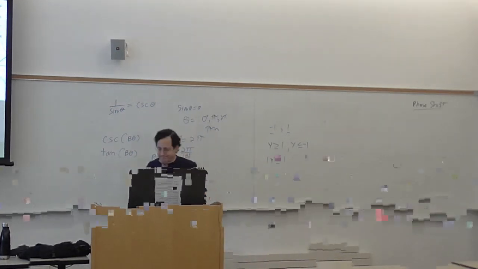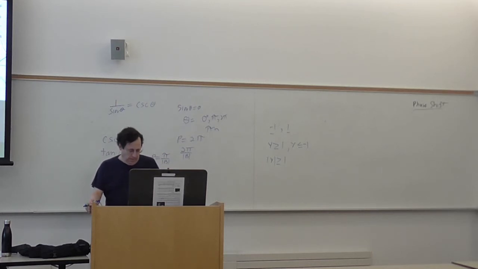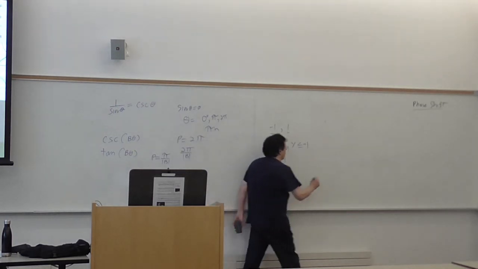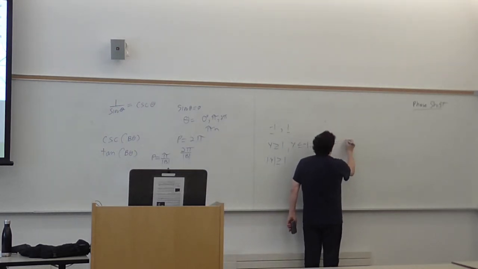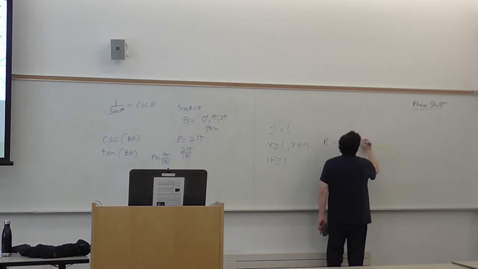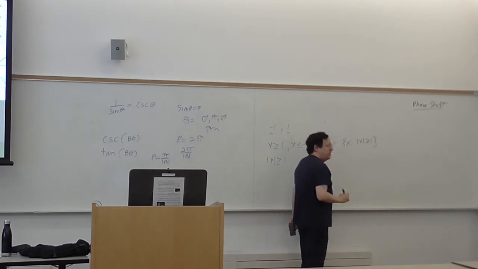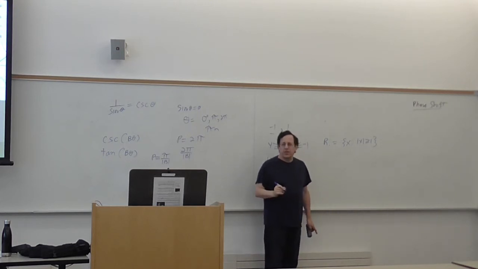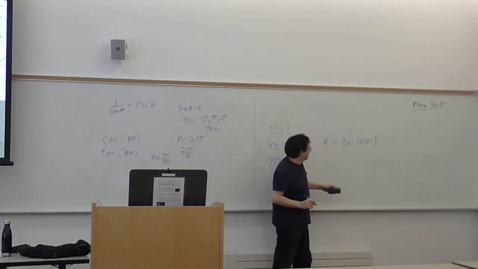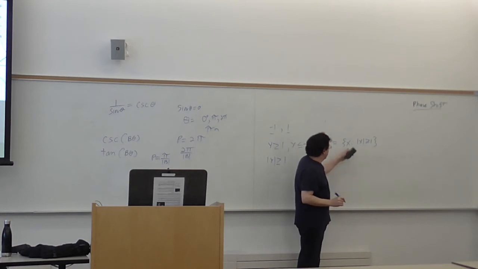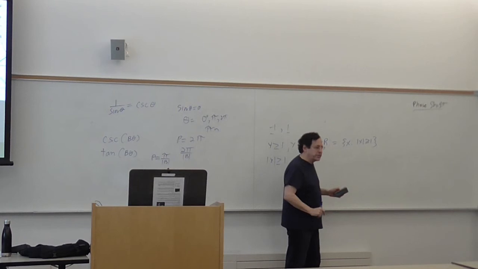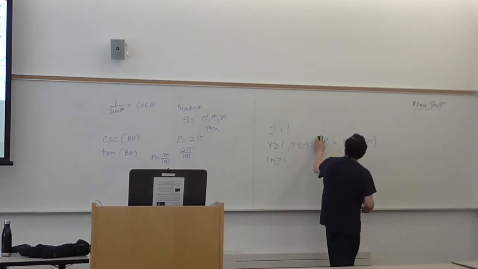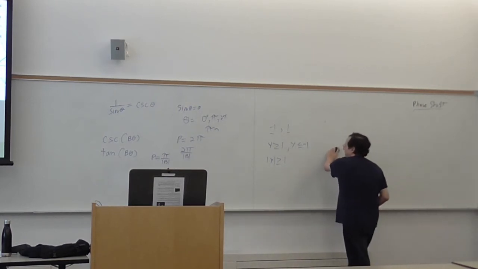If you said the range is x such that the absolute value of x is greater than or equal to 1, that would still be true because x is just a dummy variable here. But you're right, I should be accurate.